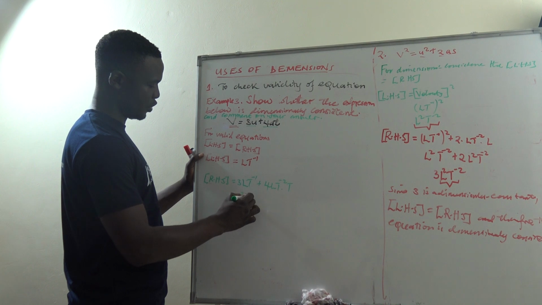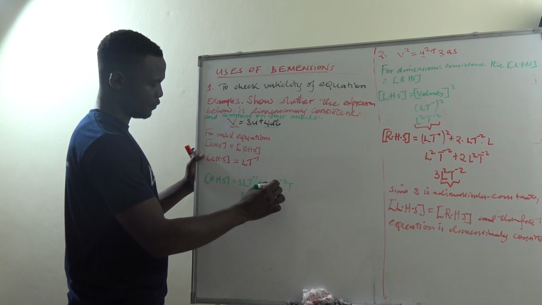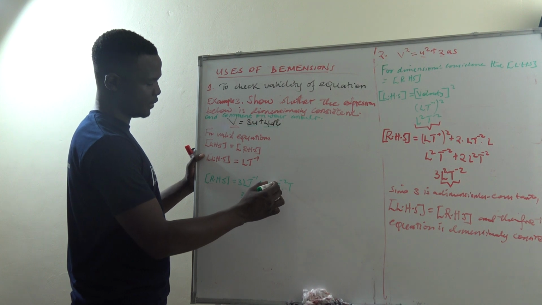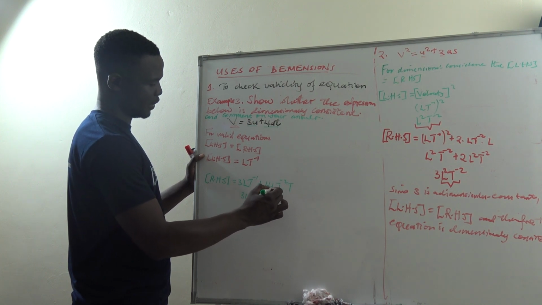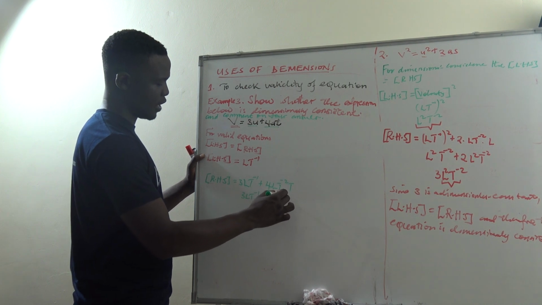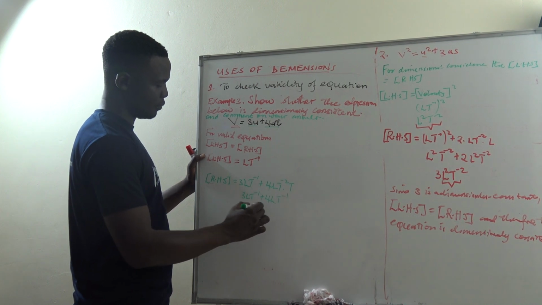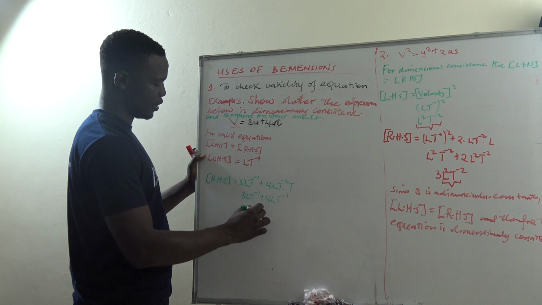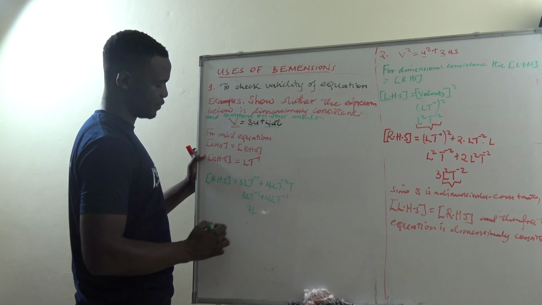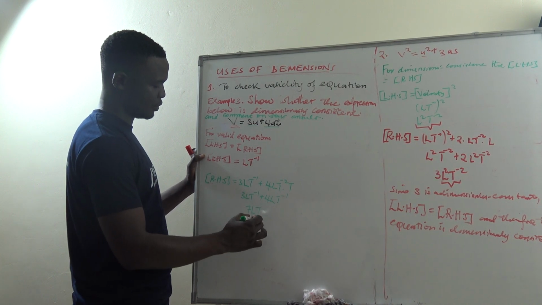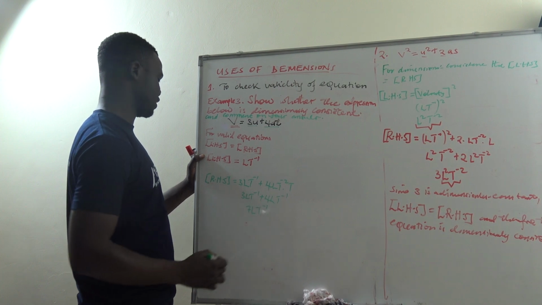This is 3L per T plus 4L, T to the power negative 2 plus T to the power negative 1. We add the powers and we get per T. Therefore, the dimensions on the right hand side are equal to L per T.